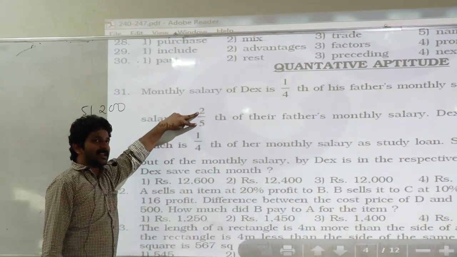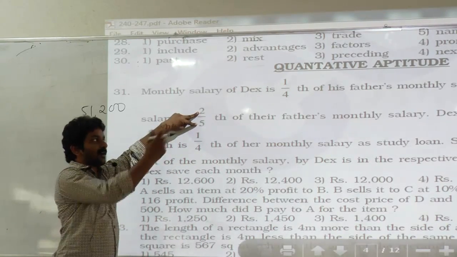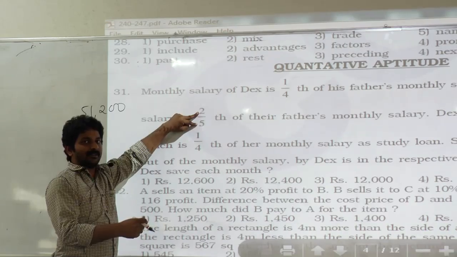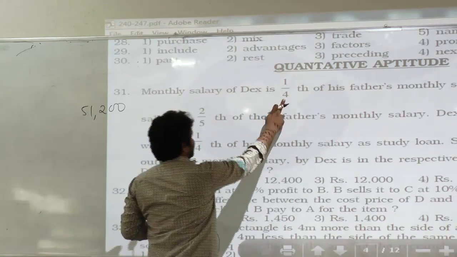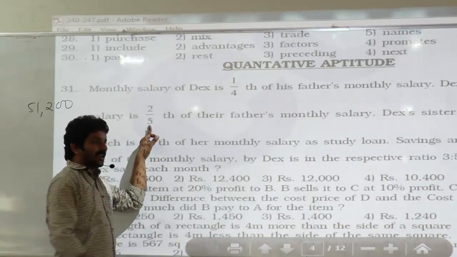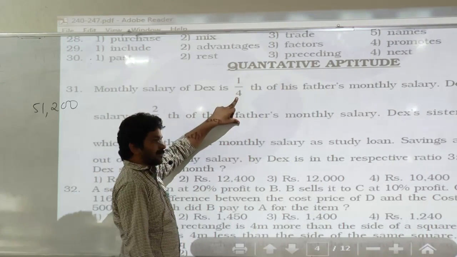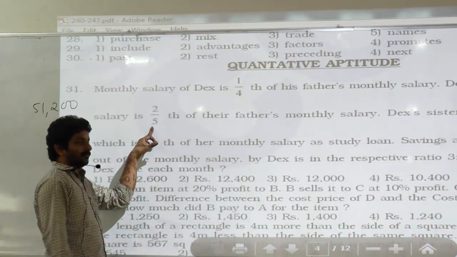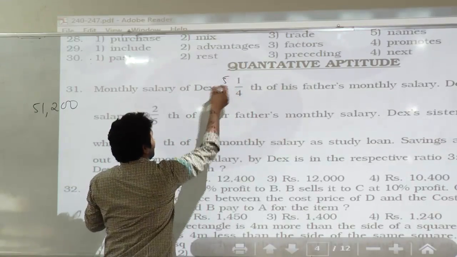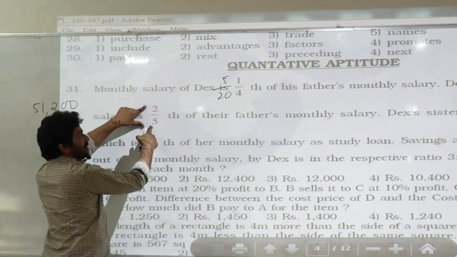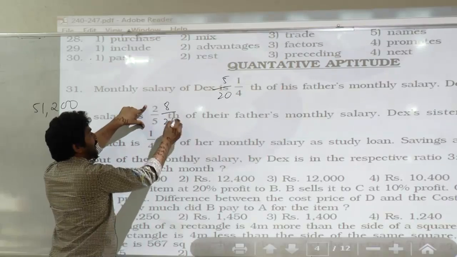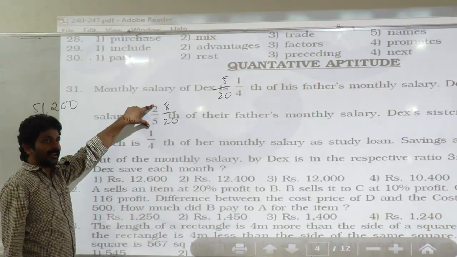Sister's salary and father's salary are in the ratio 2:5. So who is common here? Father. So father's salary is 4 parts here, and here it is 5 parts. So let's have the same number here. Let's multiply this number with 5 and this number with 4. So this becomes 5 by 20 and it becomes 8 by 20. When you multiply 2 by 5 with 4, you will get 8 by 20.